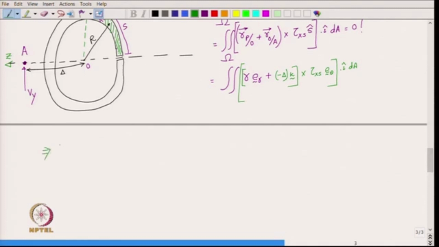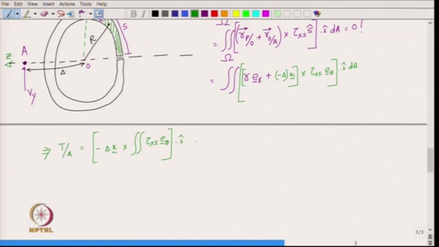So, this means torque T about the shear center A, and here since delta is constant, it comes out of the integration and we have minus of delta k cross product integration over the cross section of tau x s e theta, and then we dot the whole thing with i.